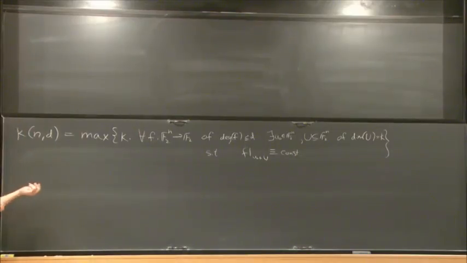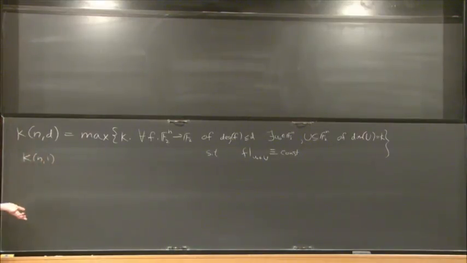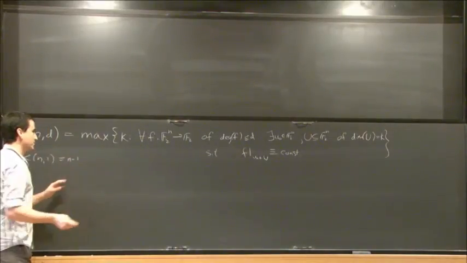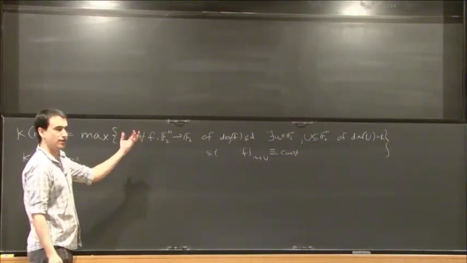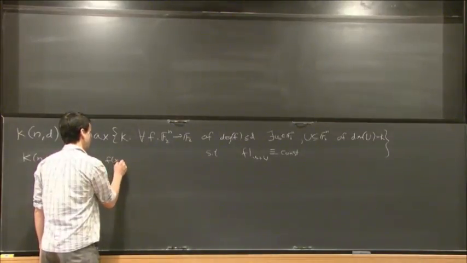So let's, for warm-up, consider the case d equals 1. So what do you know about this case? So what's K(n,1)? n minus 1, right? Okay, so let's do it slowly. So we need only to consider a function of degree at most 1, right? So how does this function look?